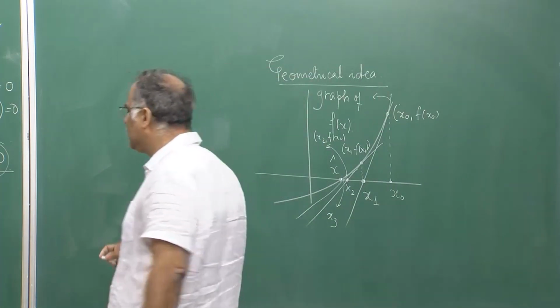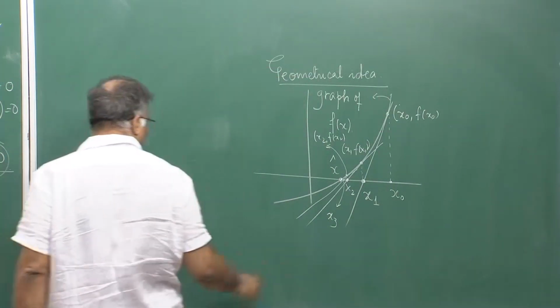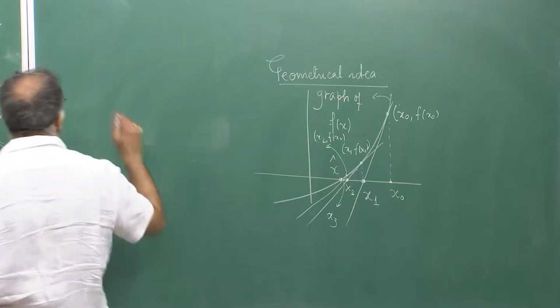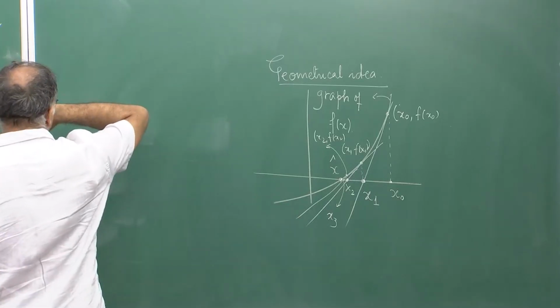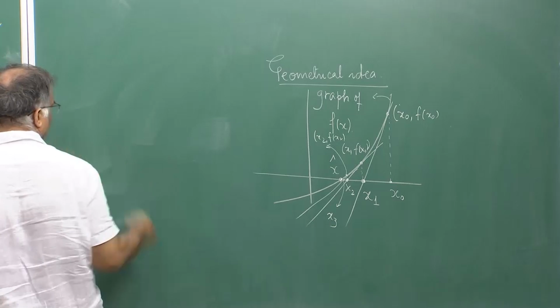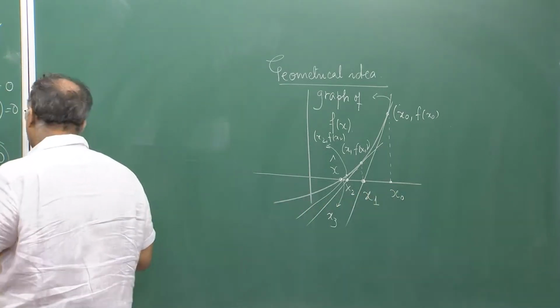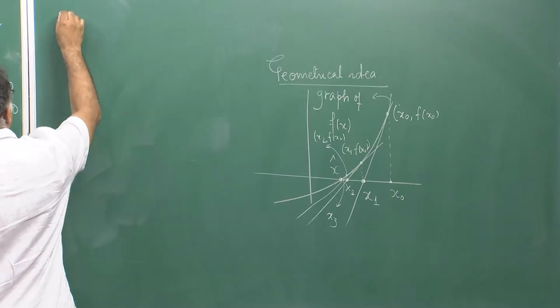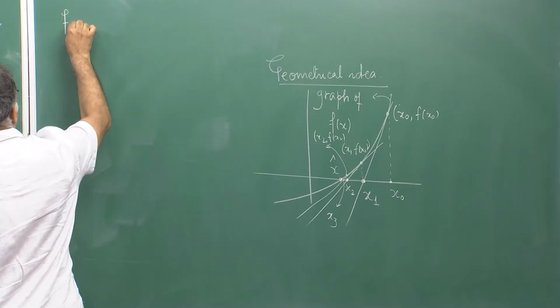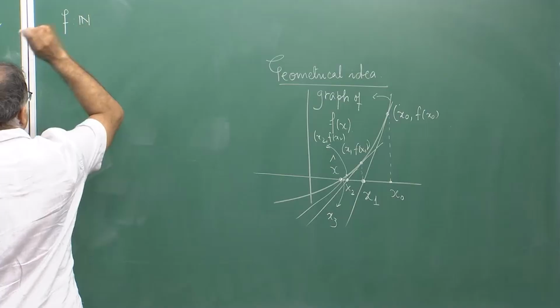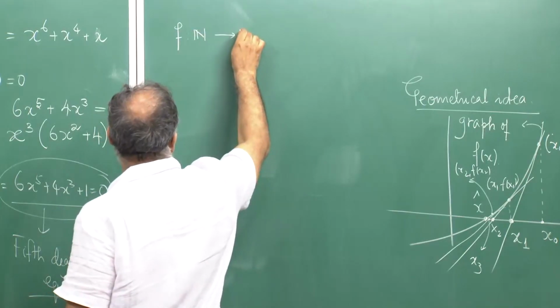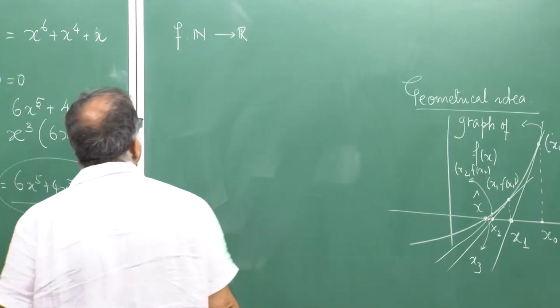So, sequences, you understand, in general, though we have started with x0, x1, x2, xn, maybe the starting point could be x1, it does not matter. If you take a function from the natural numbers N to R, this is called a sequence.